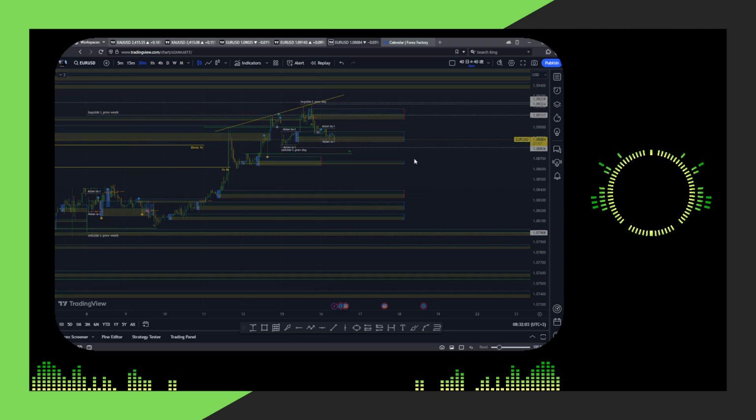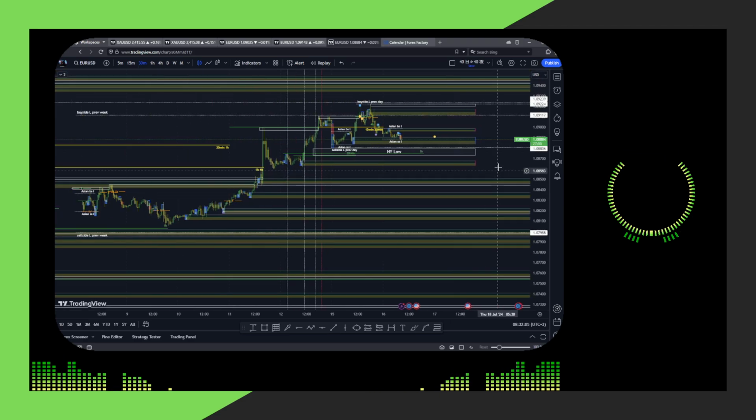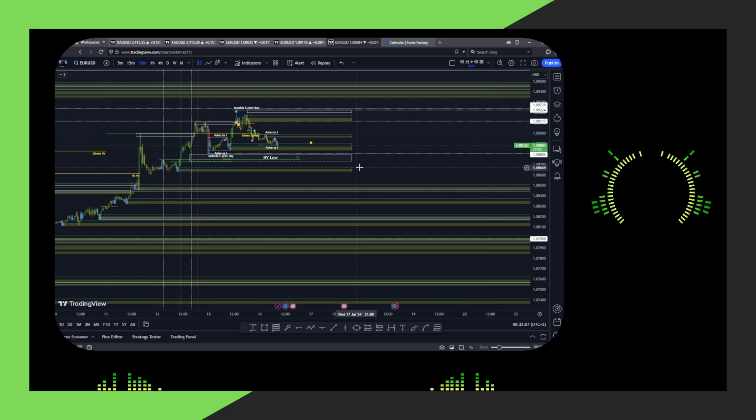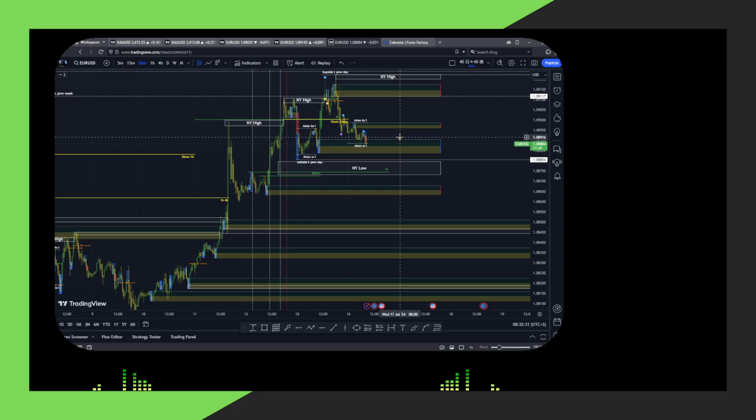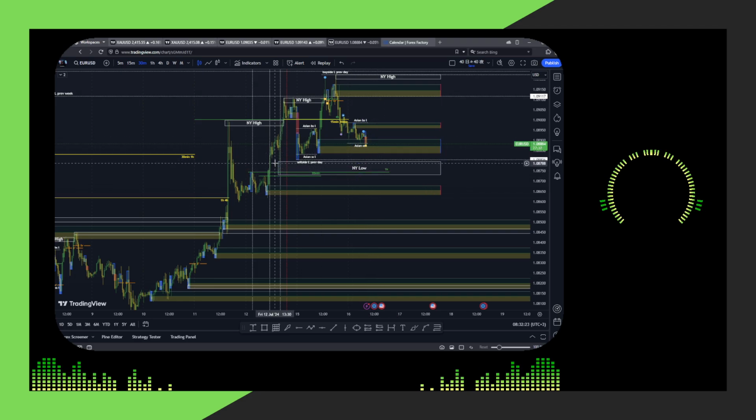Onto our 30 minutes, you're seeing that we have finally closed back into this demand zone over here, and the next support may be the New York low of the Friday.